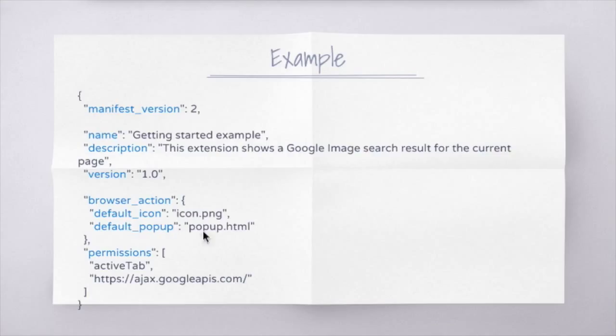And default_popup means that when we first click on the extension, this is the HTML it shows. And then permissions. If you're making any REST API call, you have to give the URL that you're making the call to. And if you're asking for permissions like tabs or notifications, which I'll show you later, you also have to add them there.